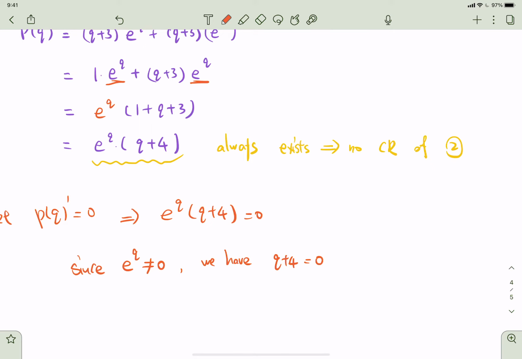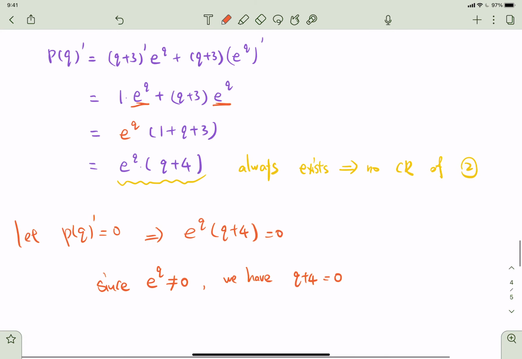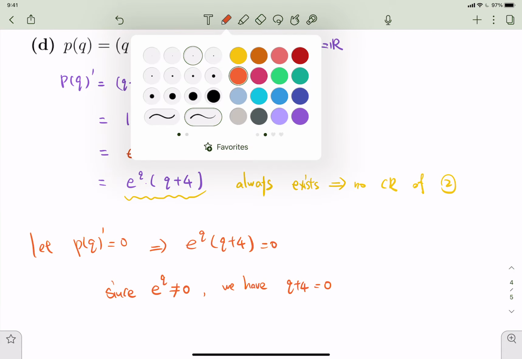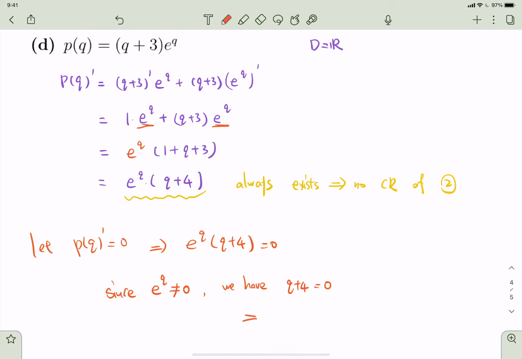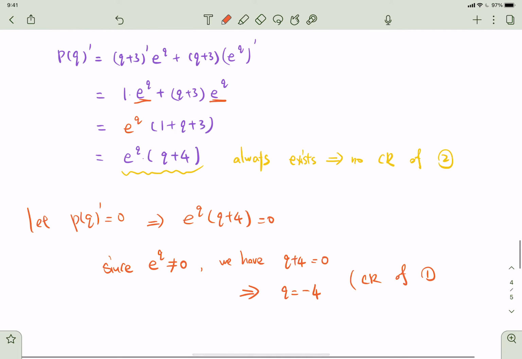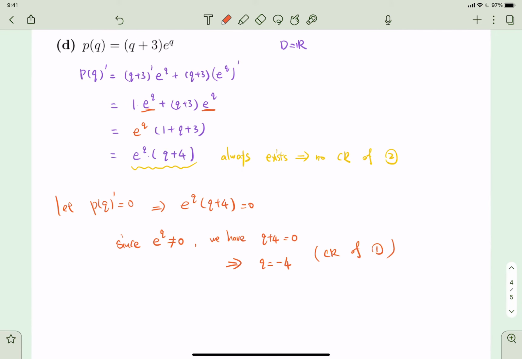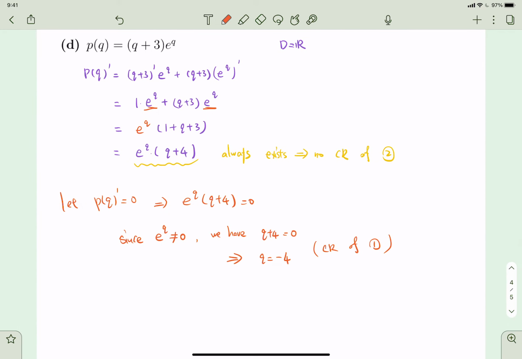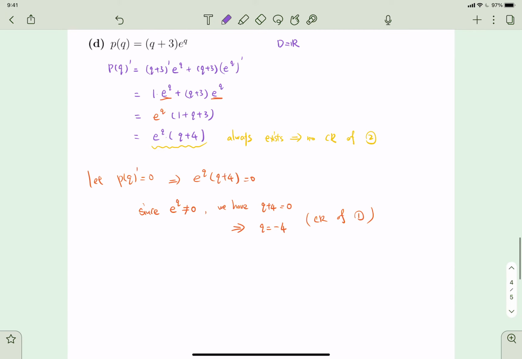That is the only possibility for the derivative to be equal to 0, right? So this implies that Q is equal to negative 4. So that is the critical number of the first type. That is the only critical number we have here, because there are none of the second type.